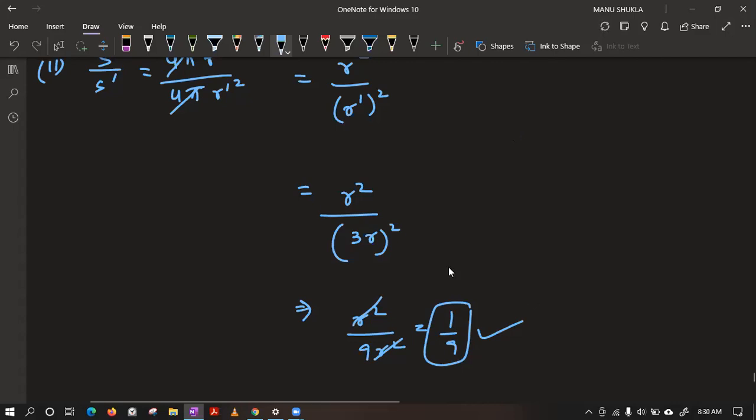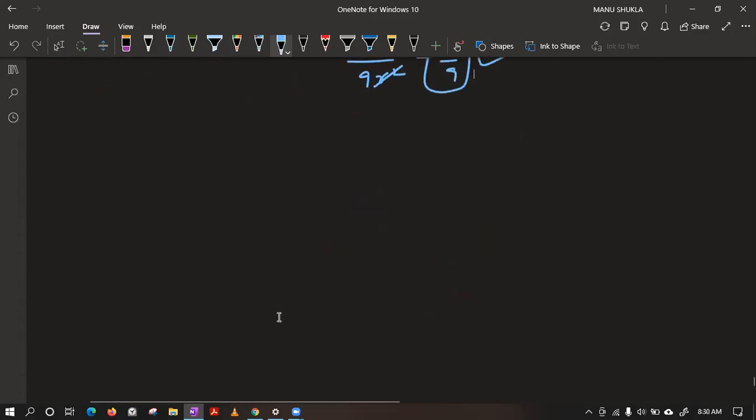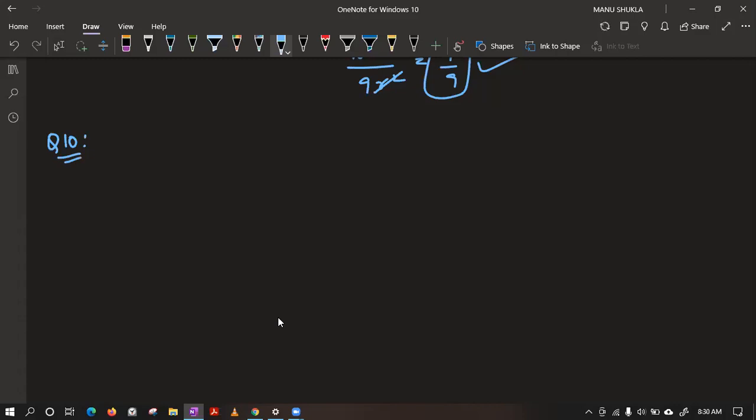Similar to this, last question also, let me discuss. Question number 10. A capsule of medicine is in the shape of sphere of diameter 3.5 mm. Okay, so we have a capsule of medicine in the shape of sphere like this.